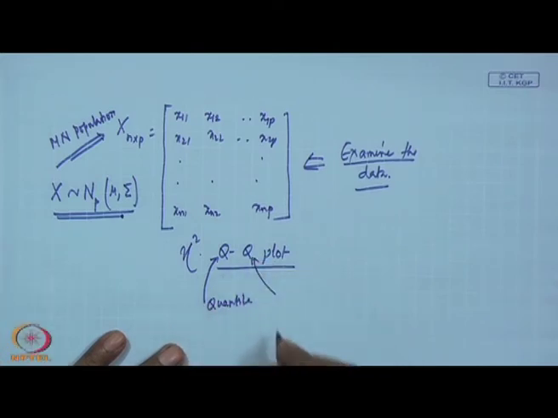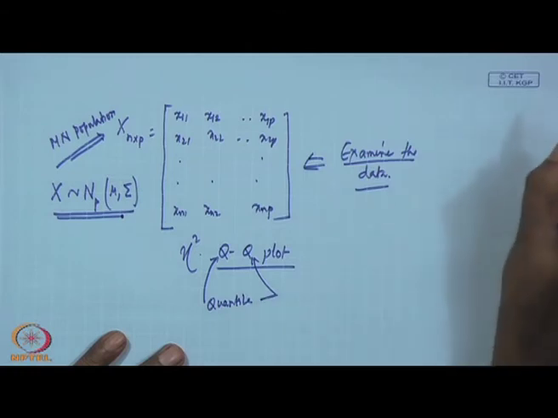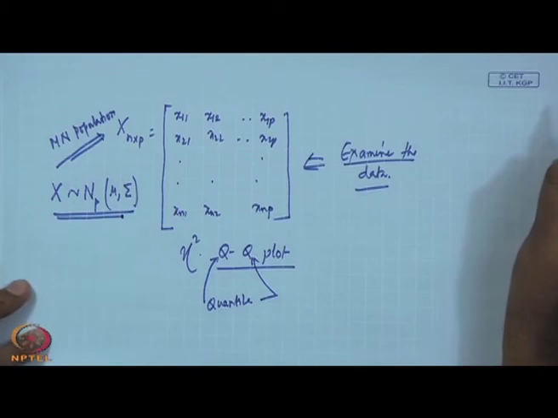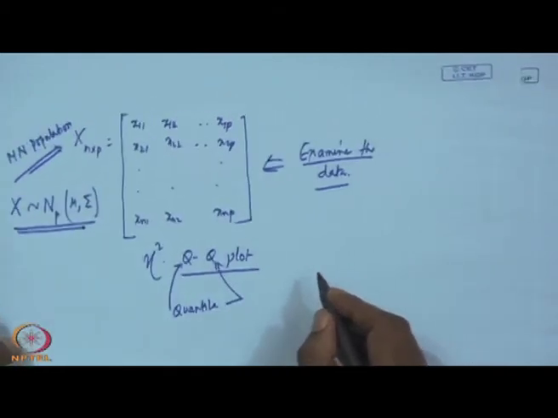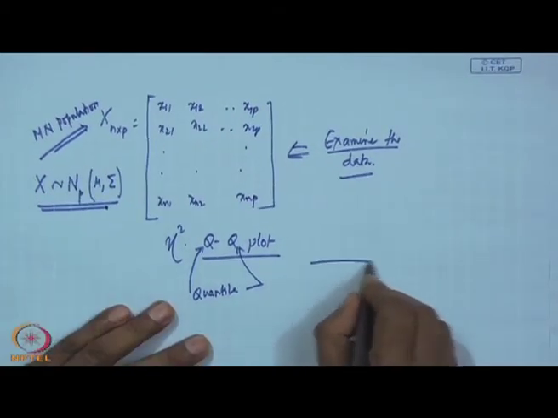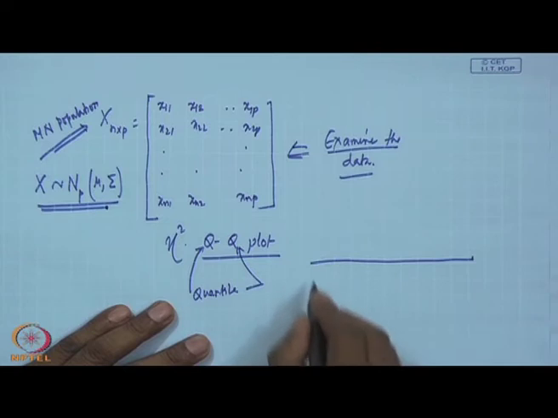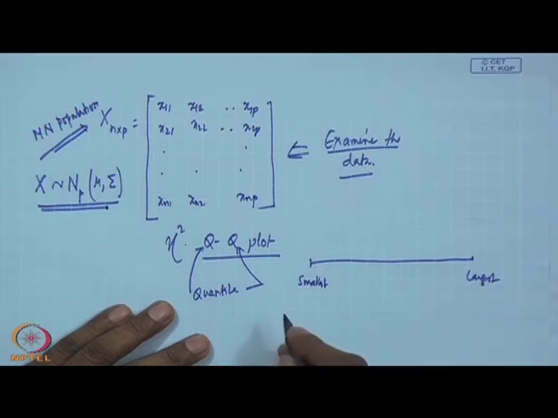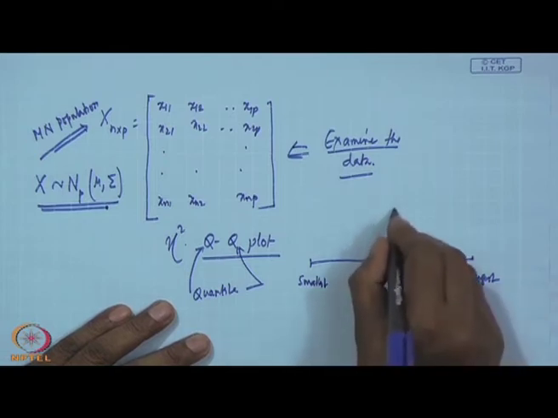What is quantile? Any idea? You know median. So, how do you get the median? Your data points, you first order the data from smallest to largest, ascending, and then you find the middle location.